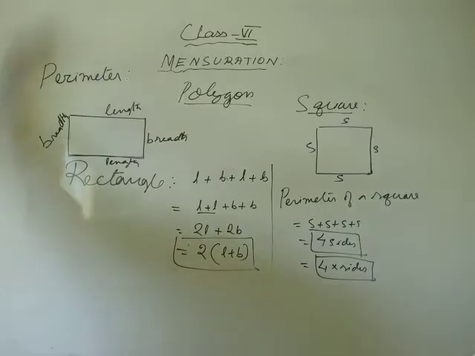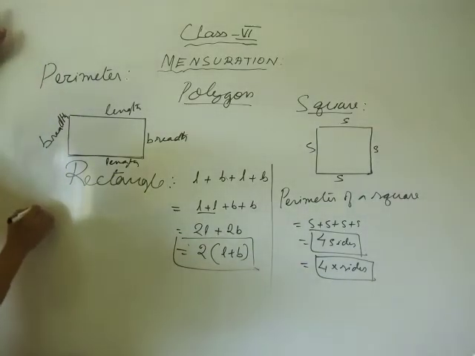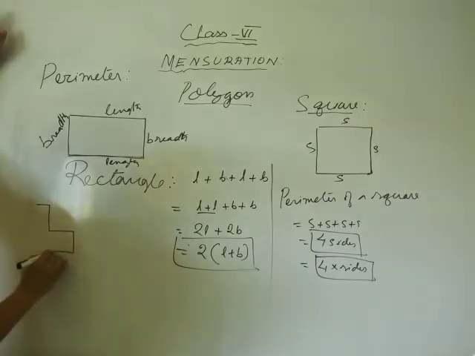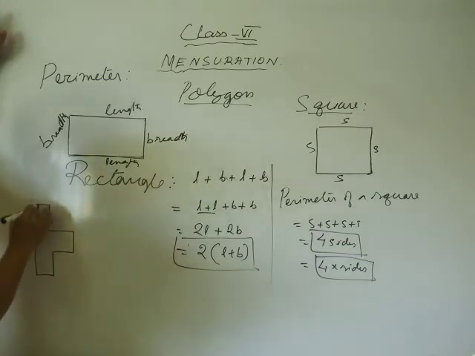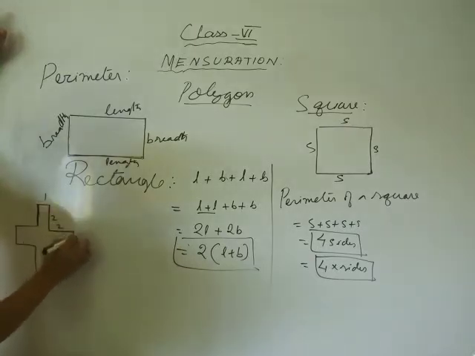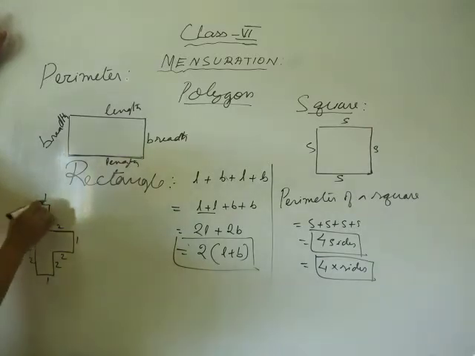Now, some more figures like this. All these sides are 1, 2, 2, 1, 2, 2, 1, 2, 2, 1. This is the perimeter of this figure.